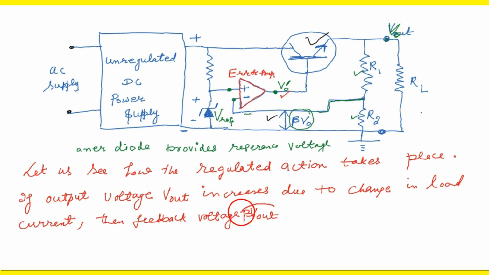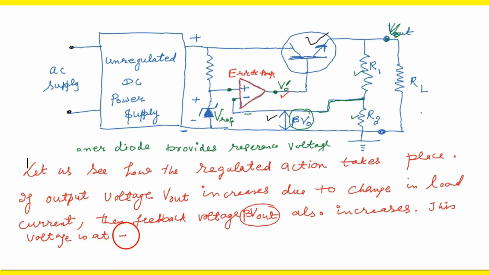Then what happens? With the increase in output voltage, the feedback signal beta Vout also increases, and it is applied to the negative of the op amp.